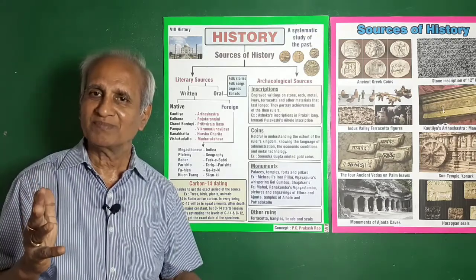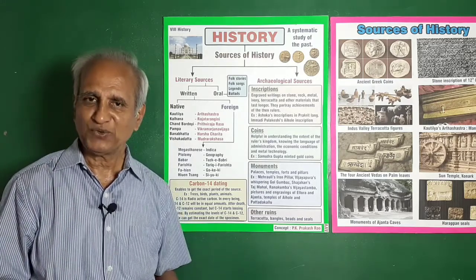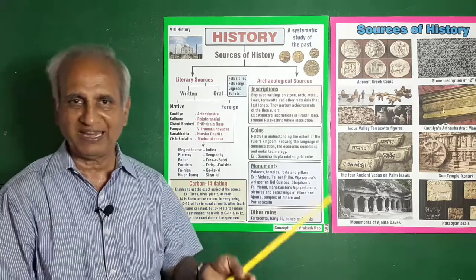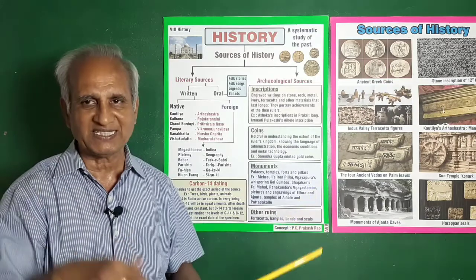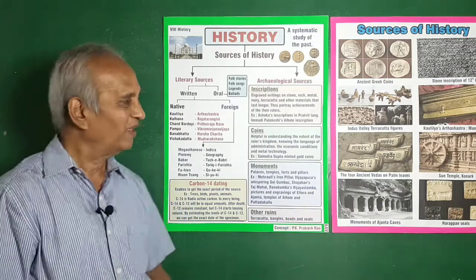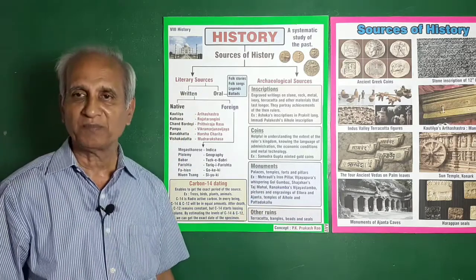Whatever it be, there will be some amount of truth in it. That is for the historians to weigh and balance and find out how much is truth and how much is exaggeration. Whatever it be, these written documents are very, very important.